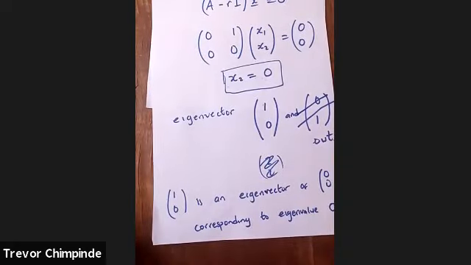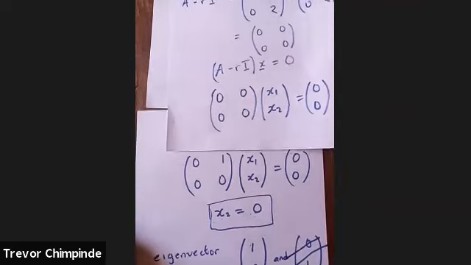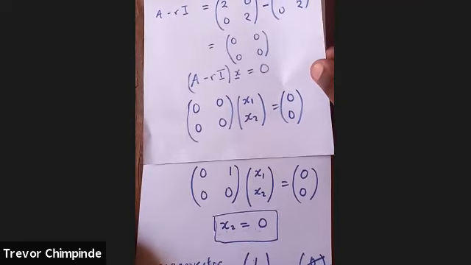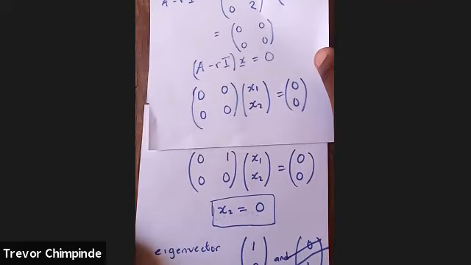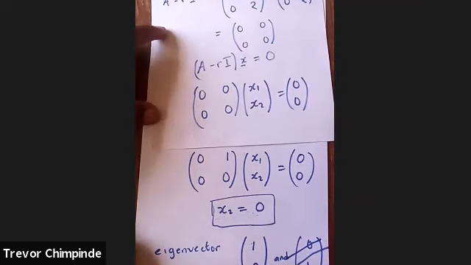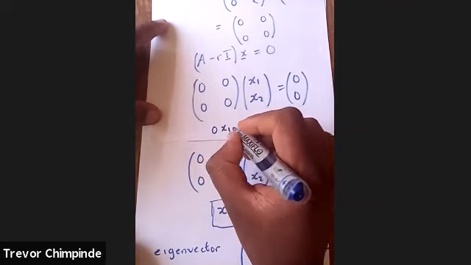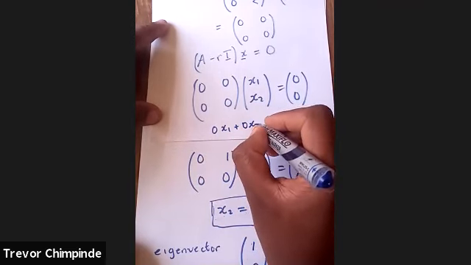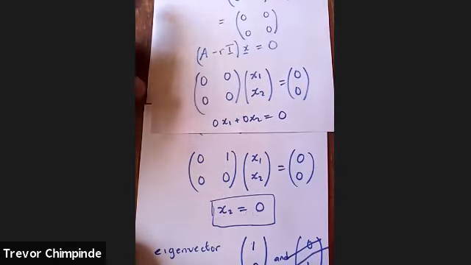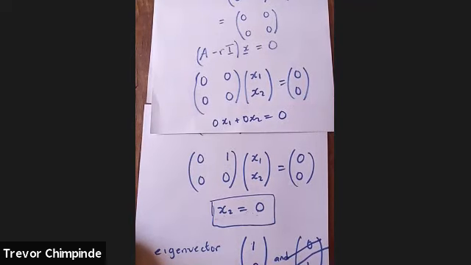The one on top is the first one, and below is the second one. For the first one, what we were getting was 0 x1 plus 0 x2 is equal to 0. And for this one, what we're getting is that x2 is equal to 0. You see the difference?